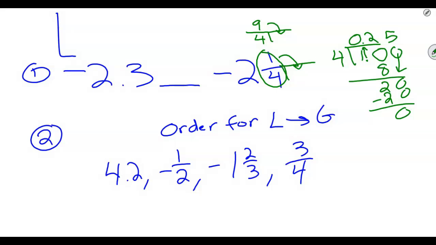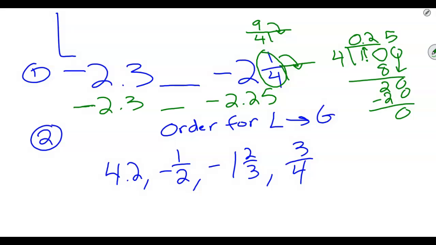So I am now comparing -2 3/10 to -2 25/100. What do you know is true about both numbers? Chris? Good, they are both negative. So we are looking at the number that's farther right on the number line, or, since they're both negative, the one that's closer to 0. A way I think of this, a negative, I like to think about in money, and a negative in money means you owe someone money.